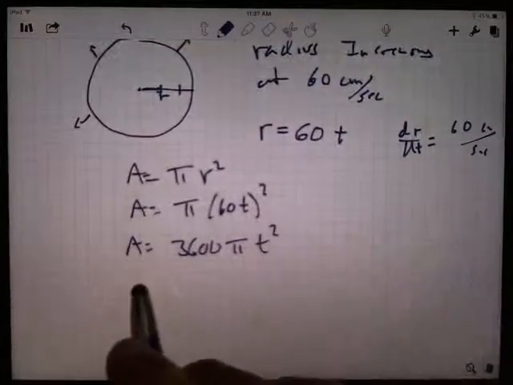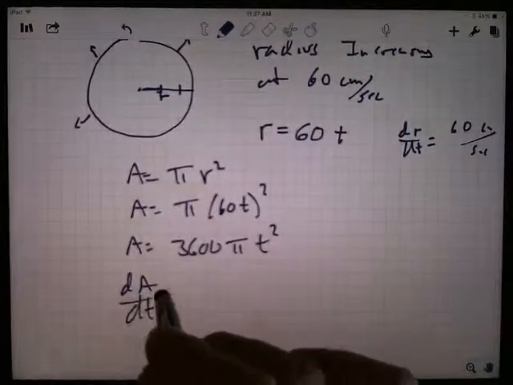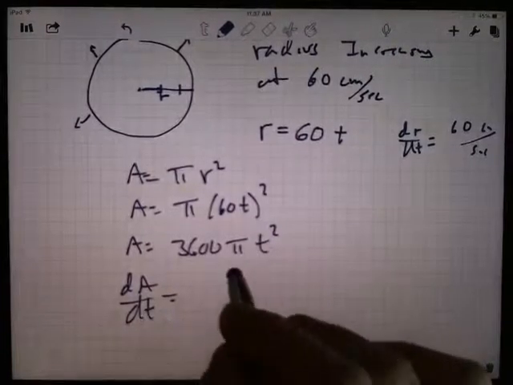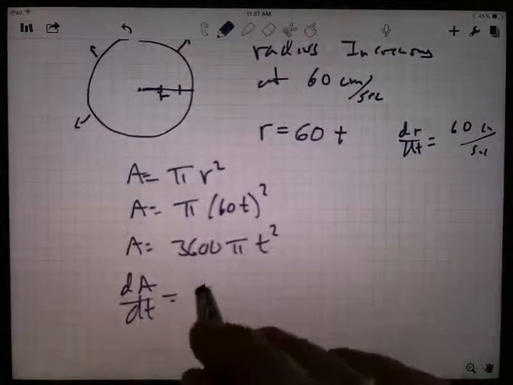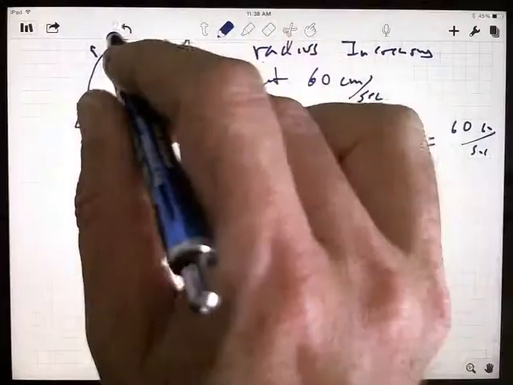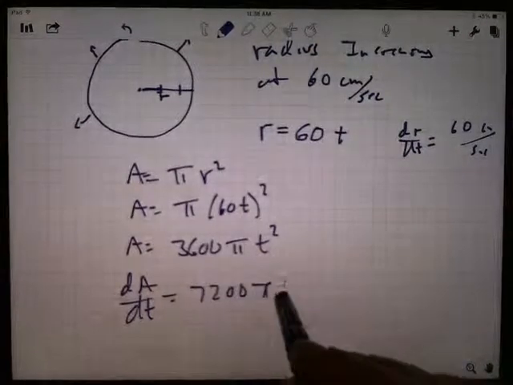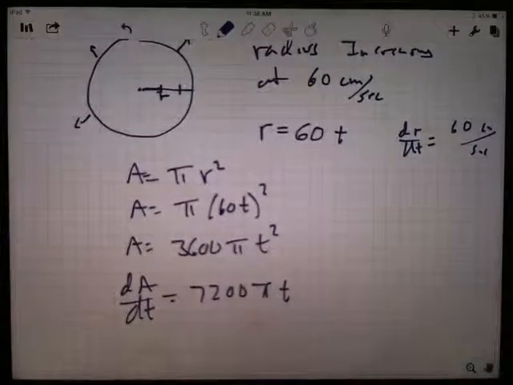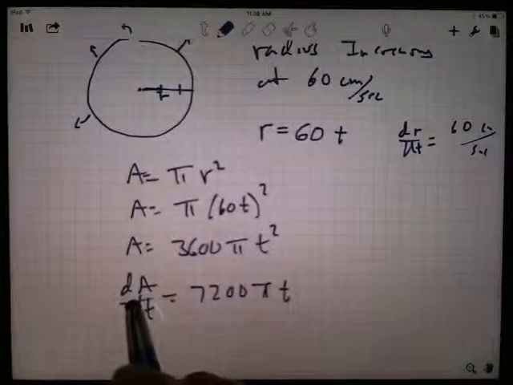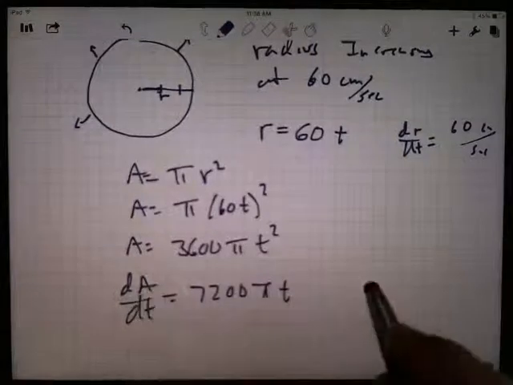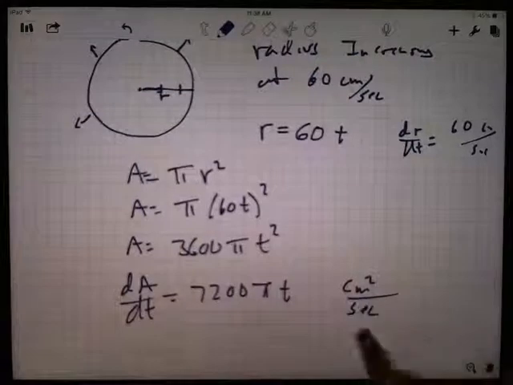Because I have the area as a function of time, I can say that dA/dt, the rate of change in the area with respect to time, is the derivative here. So bring the 2 out in front, so this becomes 7200 pi times t, right? And the radius was in centimeters, so this is now square centimeters per second.